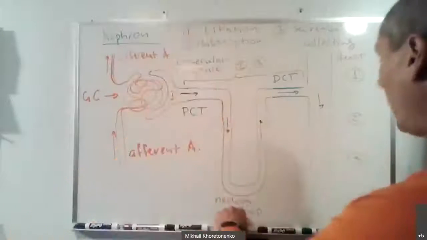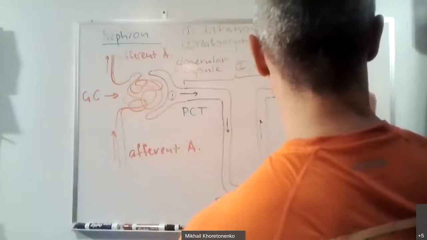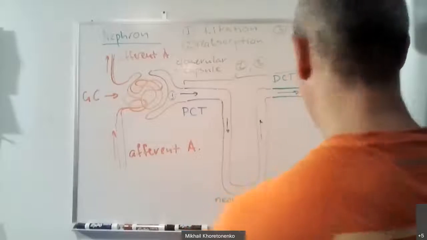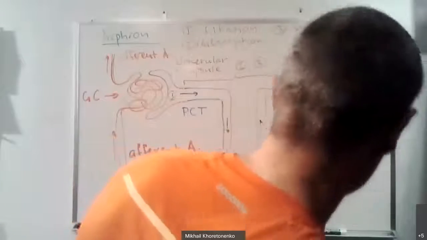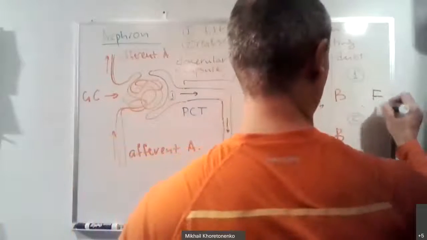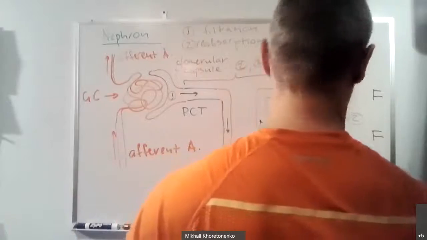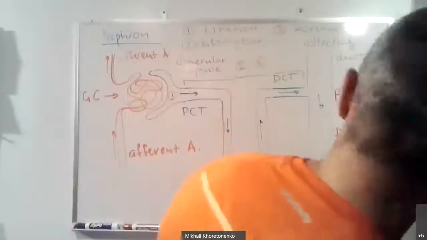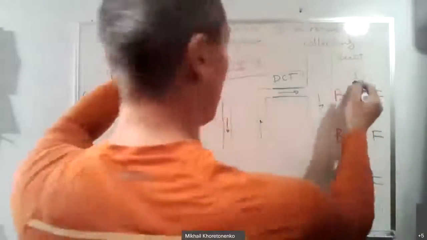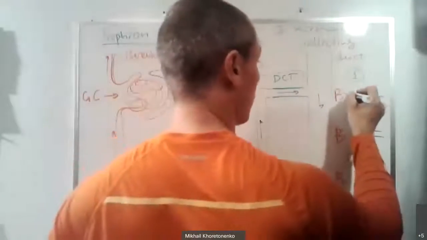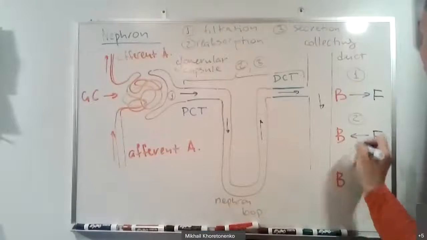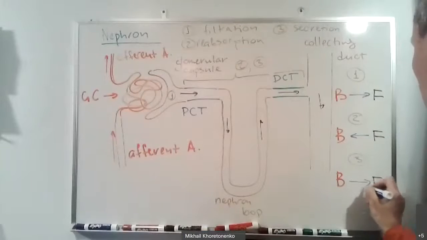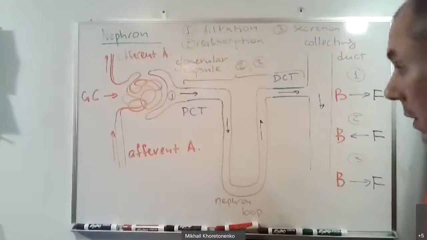So, if we say that it's a blood, okay, and this is filtrate, then during filtration, number one, the stuff goes from blood to filtrate. During reabsorption, from filtrate to blood. During secretion, from blood to filtrate. Okay?